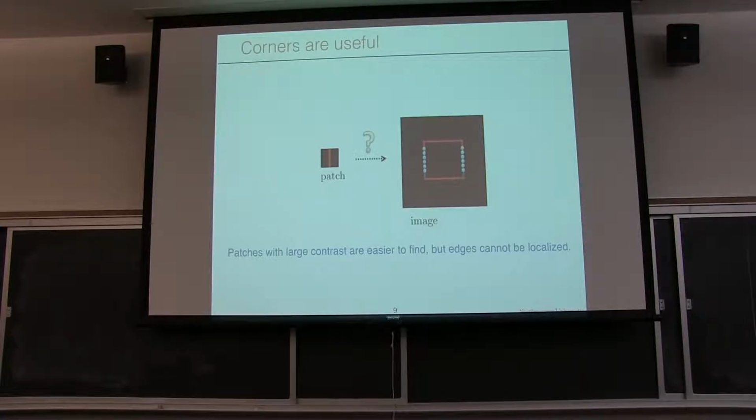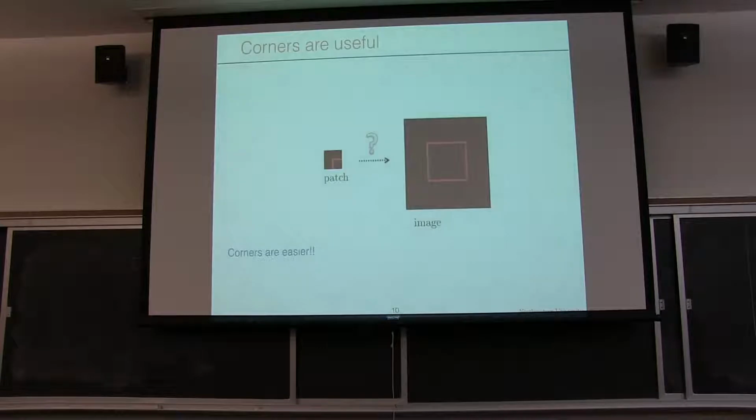Okay? So they have some information in terms of localization, but still I have too much degrees of freedom. Okay? On the other hand, if I give you this corner, clearly you can identify where that patch is on that image. Okay? So corners are useful. Okay? Anything that has texture in it will be useful because texture in some sense is a generalization of corners.